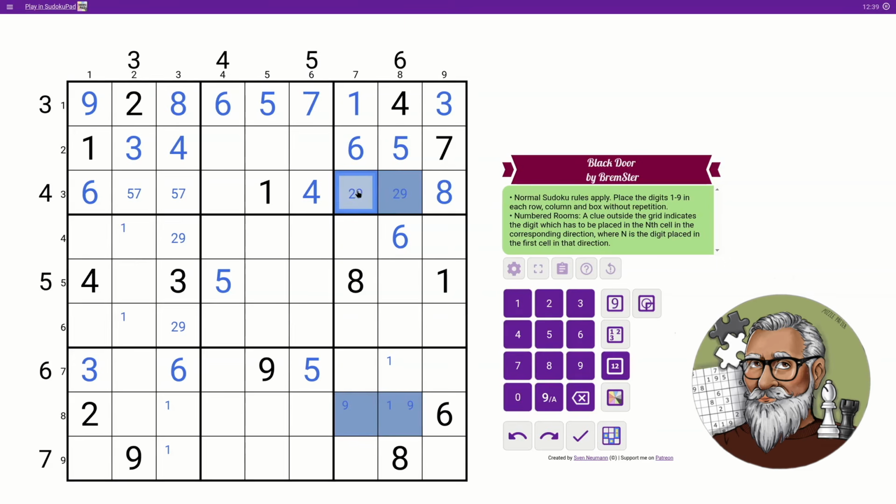And if this one is a 9, then this one is, and this one isn't, and this one is. So we know in column number 7 and column number 8, did I say column number 6? We know that these are the positions of 9, and none of the others can be 9 anymore, which means that in box number 6, we need a 9 in one of these two.